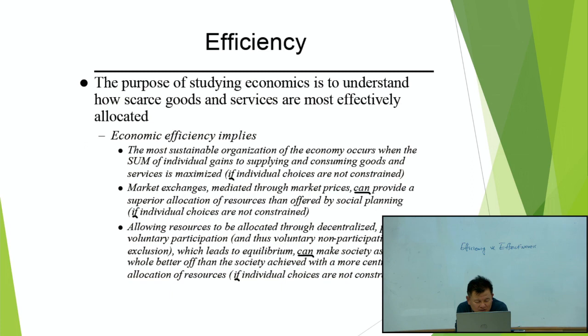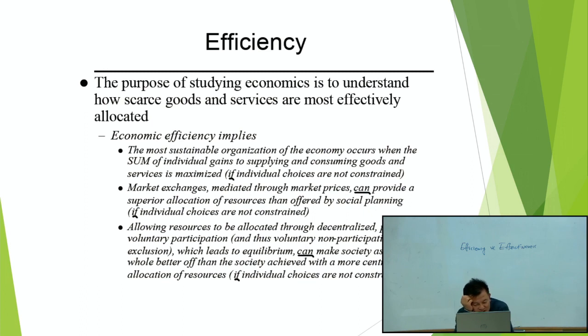So economic efficiency implies the most sustainable organization of the economy occurs, and the individual gains from supplying and consuming goods and services are maximized. This is rational choice. So market exchange mediated through market prices can provide a superior allocation of resources than that offered by social planning. In some cases, there are many kinds of theory, like communism and democracy or something.